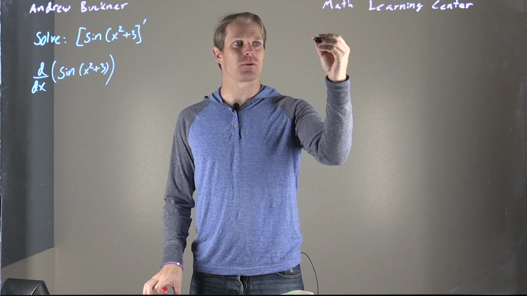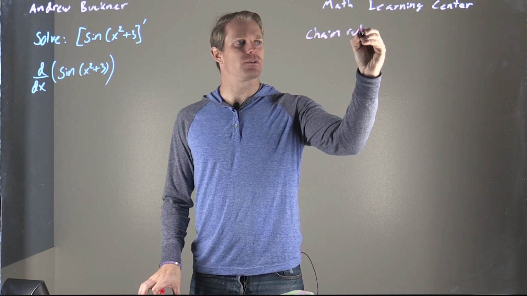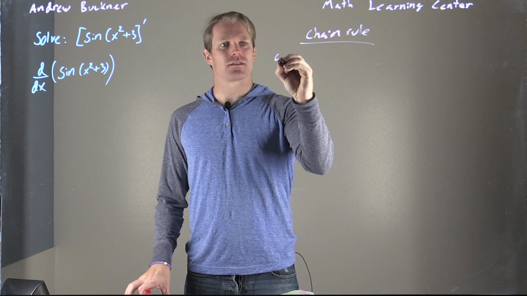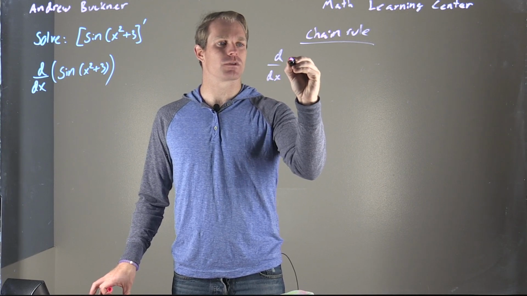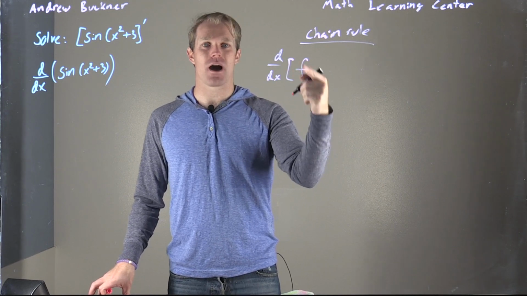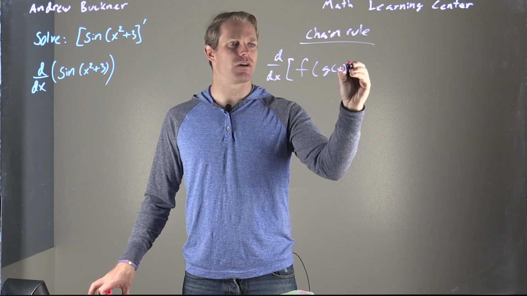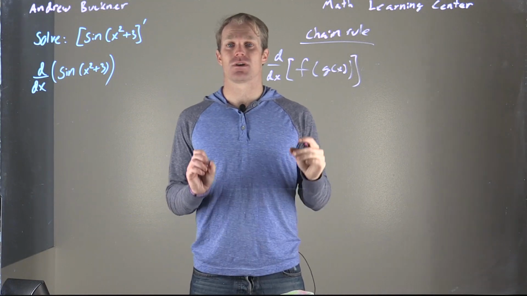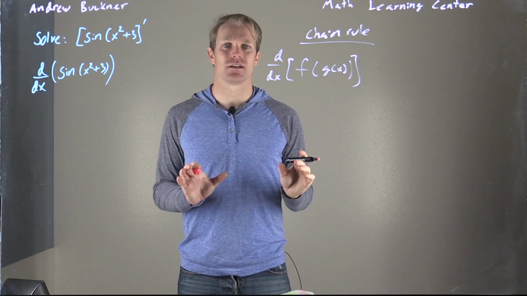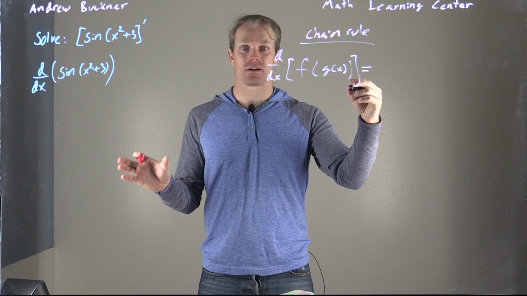In order for us to understand the chain rule, I'm going to write this out so we can explicitly see what we're doing. I'm going to have my outer function be f, and my inner function be g of x, and I'm being asked to take the derivative of it. What the chain rule does is make our lives easier.